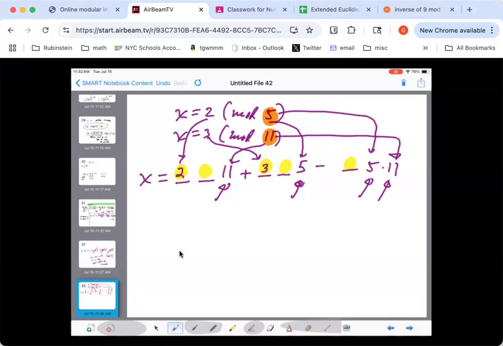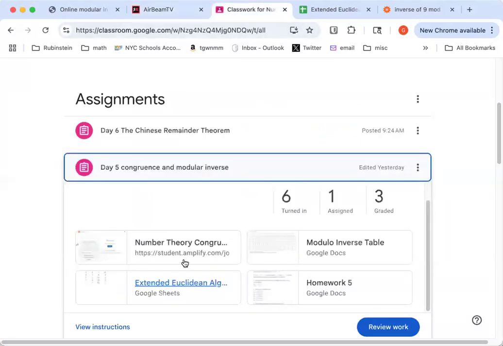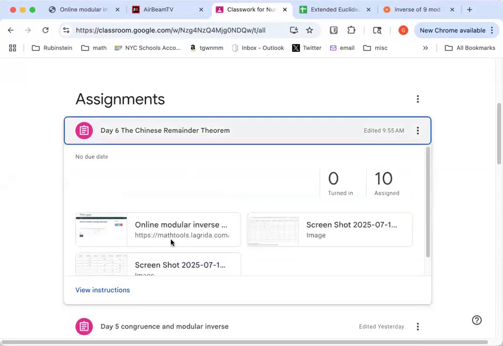Now, in this spot right here, you are going to put 11 inverse mod 5. So you head over to your trusty table. 11 inverse mod 5. Where is that trusty table? Oh no, my trusty table is missing, rats.